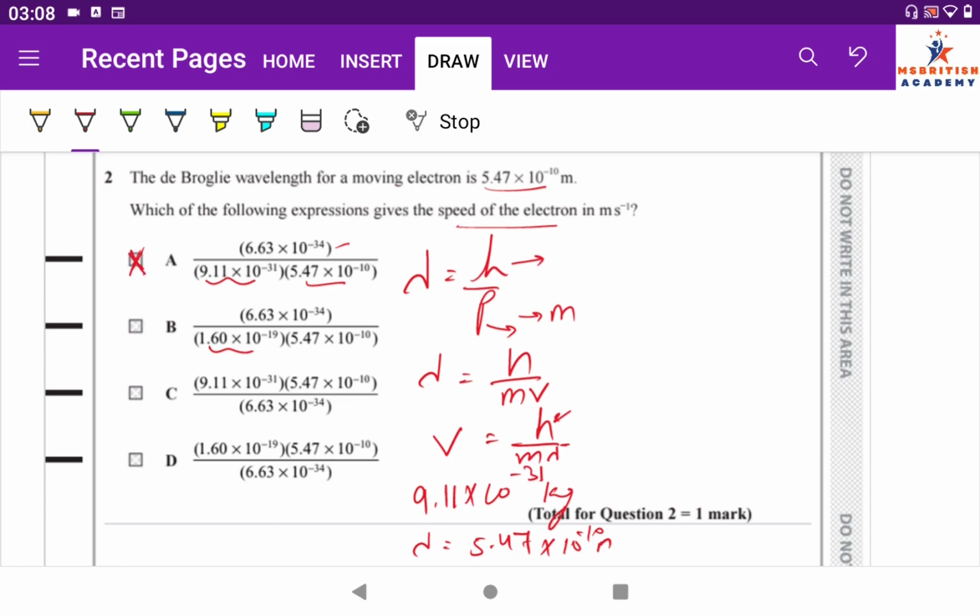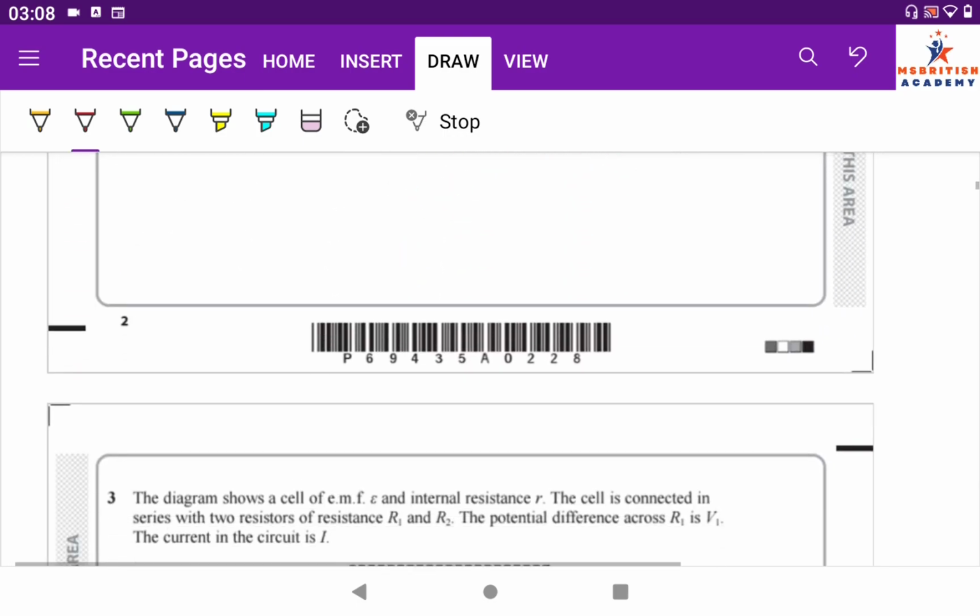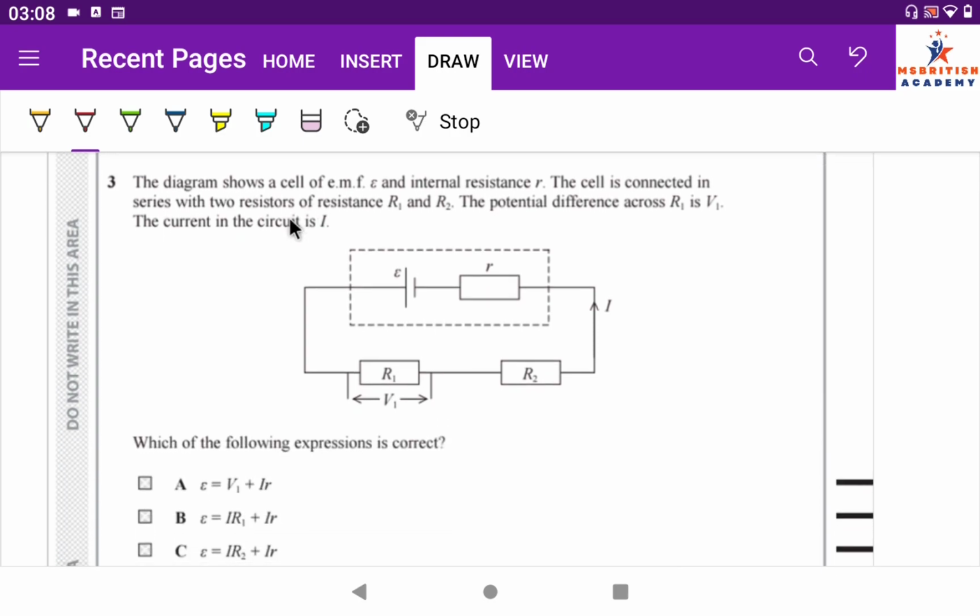Okay, now question number 3. The diagram shows a cell of EMF epsilon and internal resistance r. The cell is connected in series with two resistors of resistance R1 and R2. The potential difference across R1 is V1.